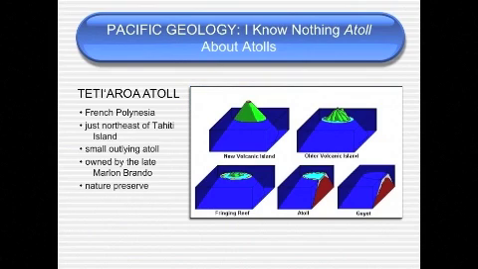So when we look at the geography of islands, what we really have to do is look at life cycles. On the picture to the right, you see the life cycles of islands in the Pacific, and atolls being one of them. New volcanic island, older volcanic island. What we're basically talking about is geology and erosion.